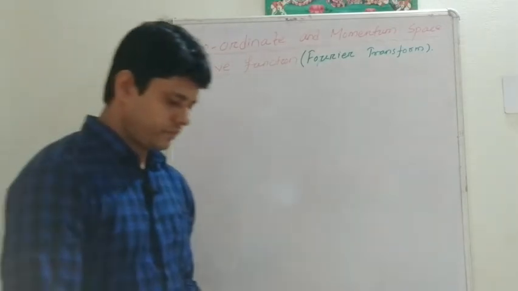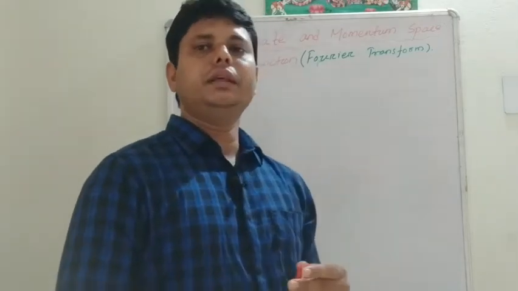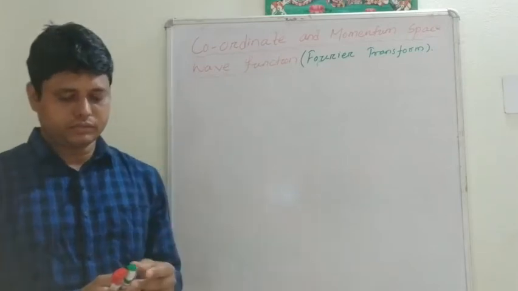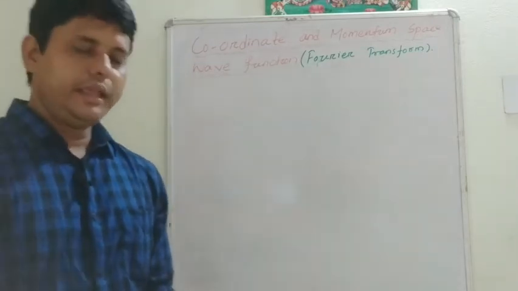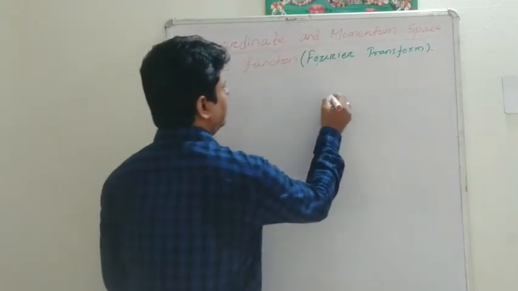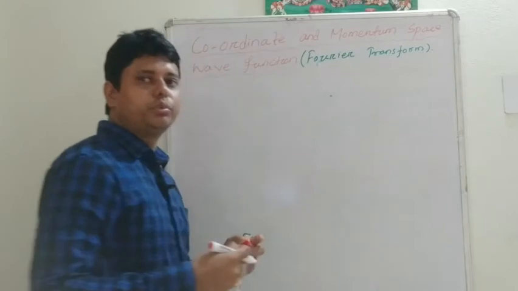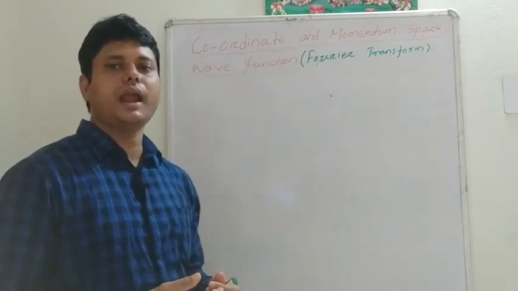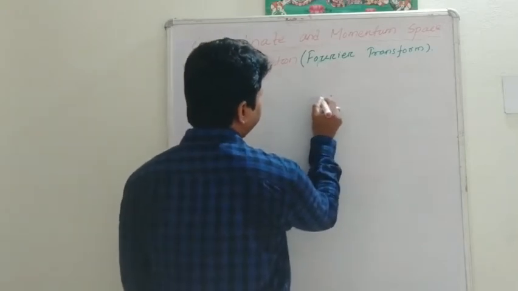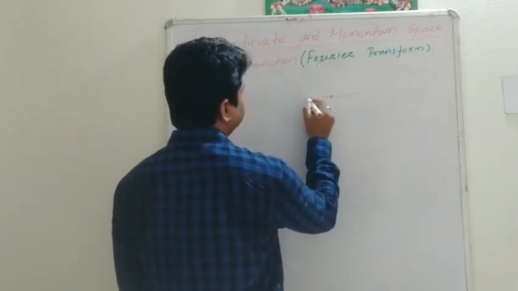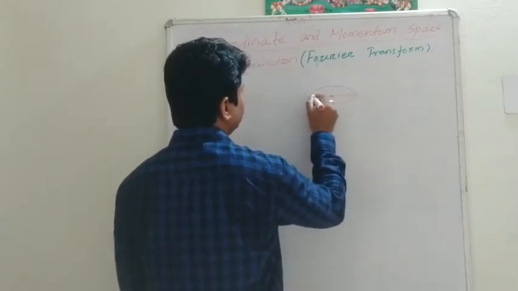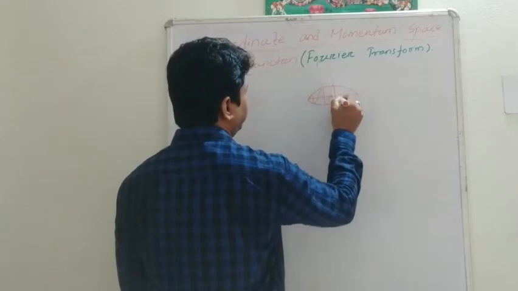So, previously, in our previous classes, we discussed that any quantum mechanical particle has both wave characteristics and particle characteristics. So in general a particle is represented by a wave packet.